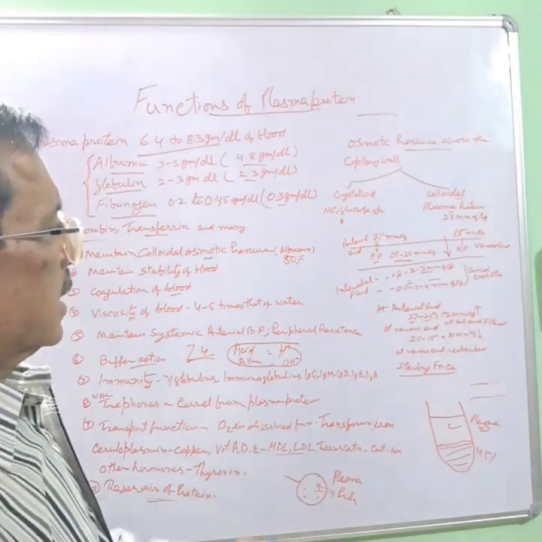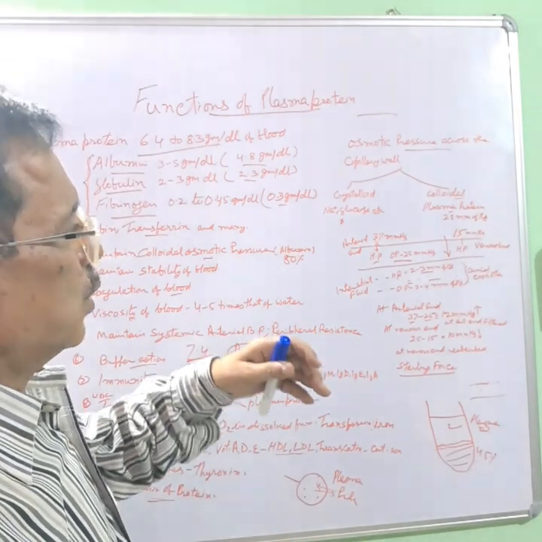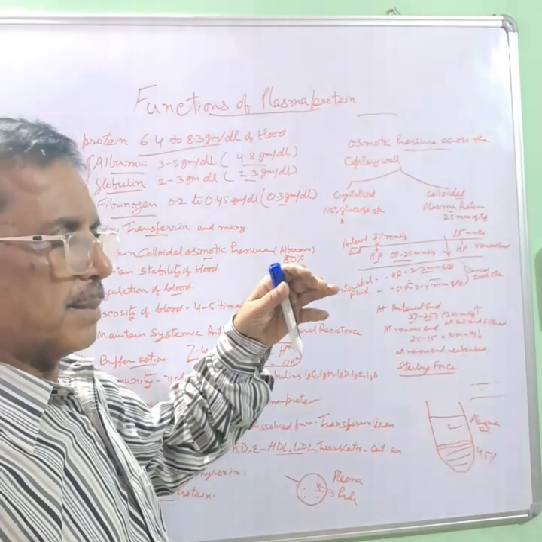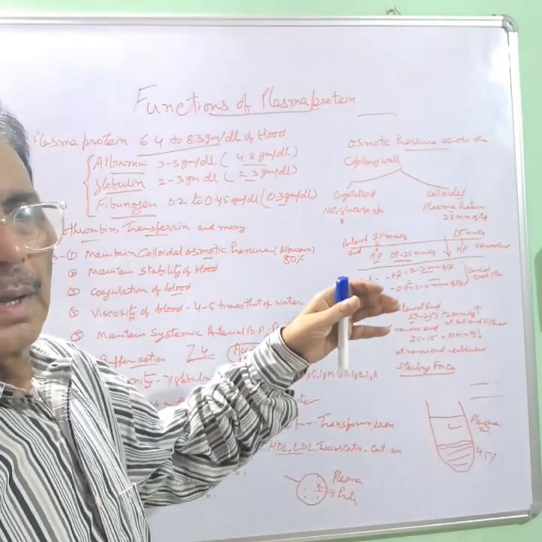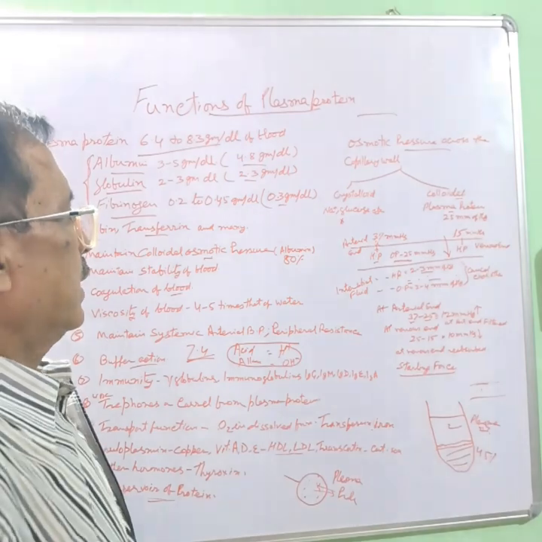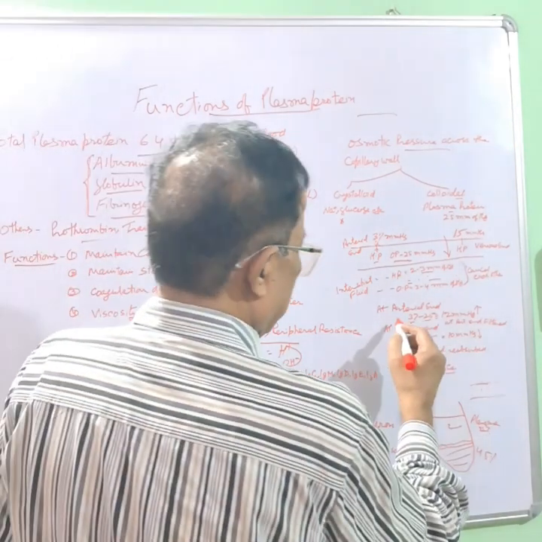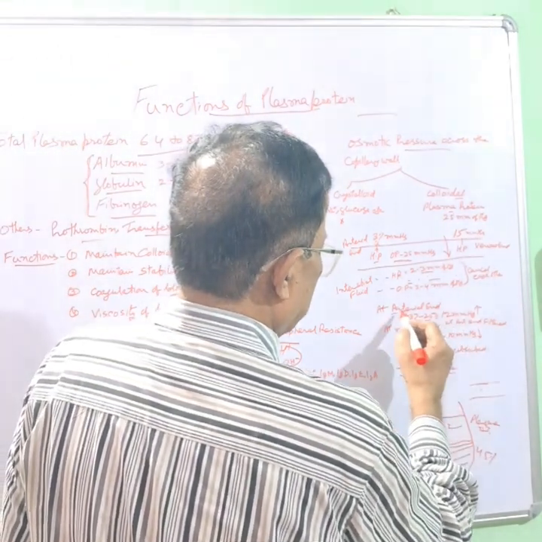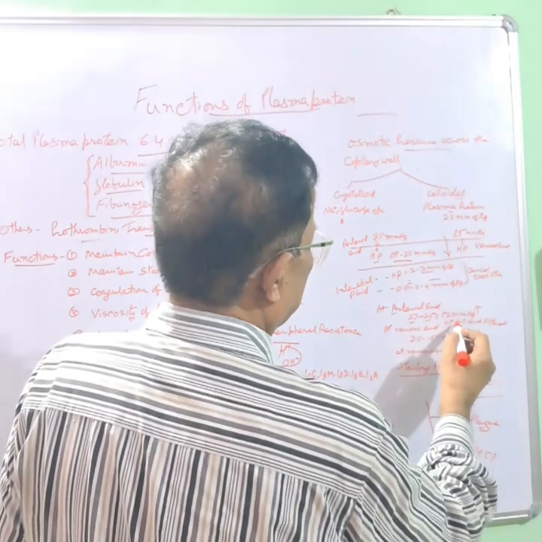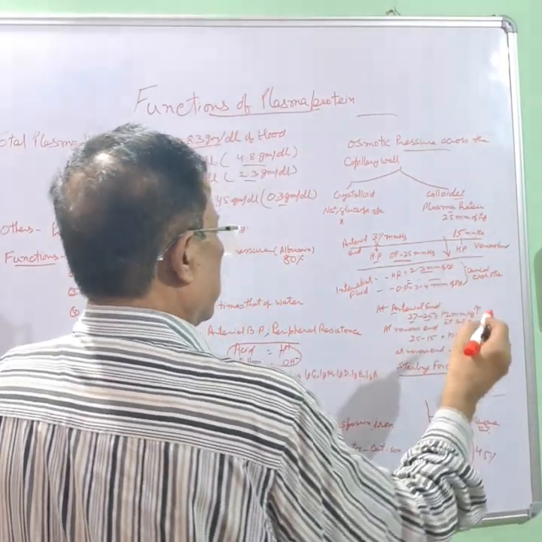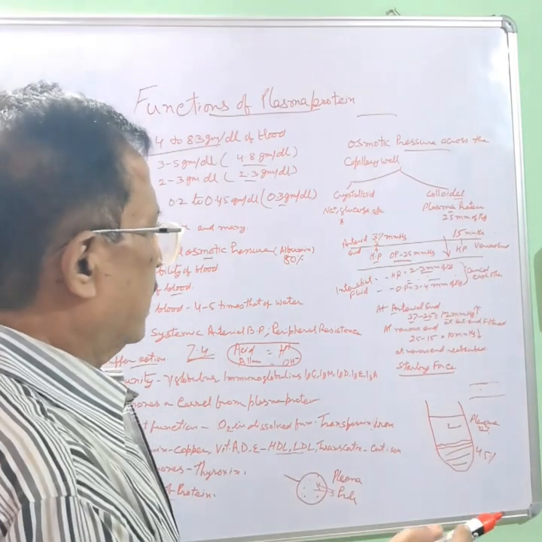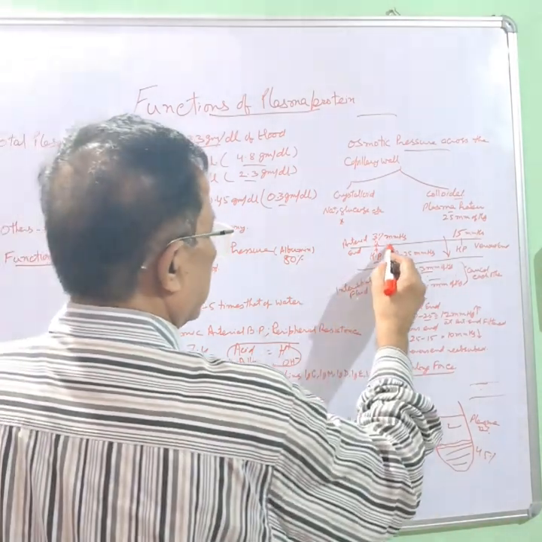Hydrostatic pressure tries to push fluid outside the blood vessel, and osmotic pressure tries to pull the fluid inside. At the arterial end the pressure is more, therefore fluid will come out of the blood vessel.